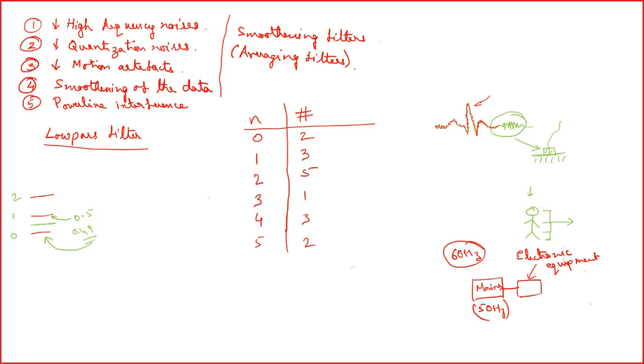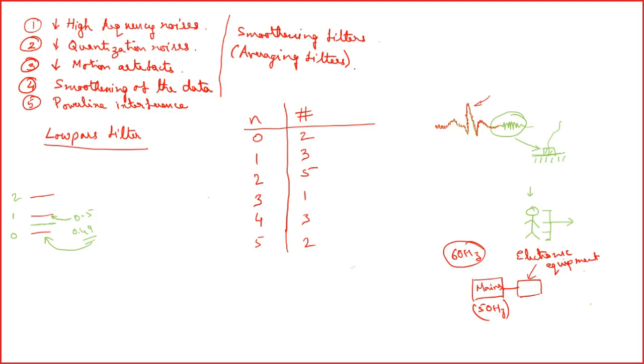Its amplitude would not vary. So whatever variation you see would be due to the variation of the original signal. In other words, the power line interference signal rides over the original signal.